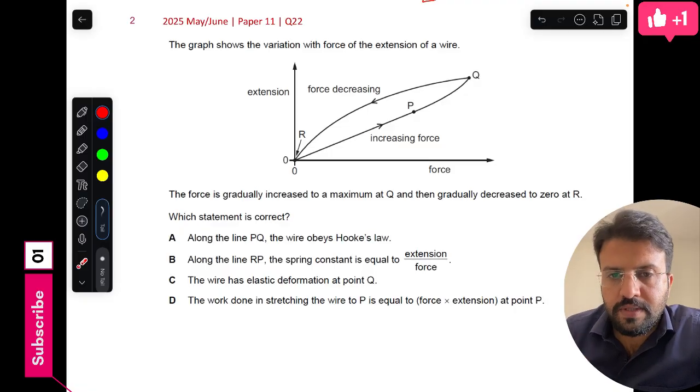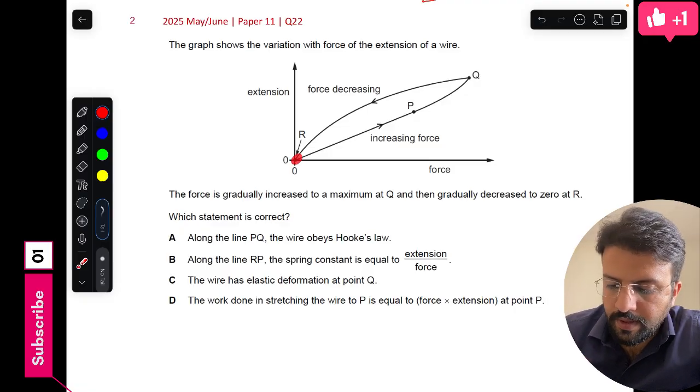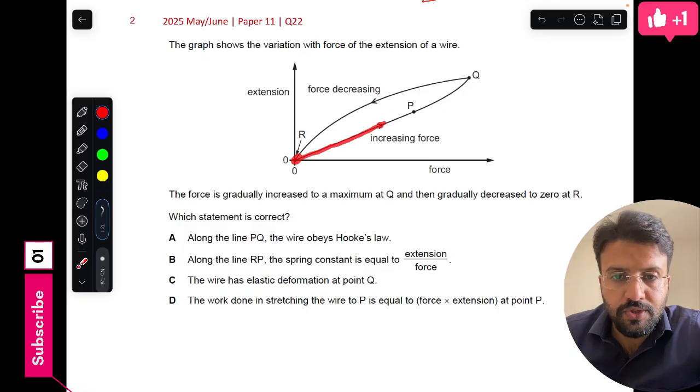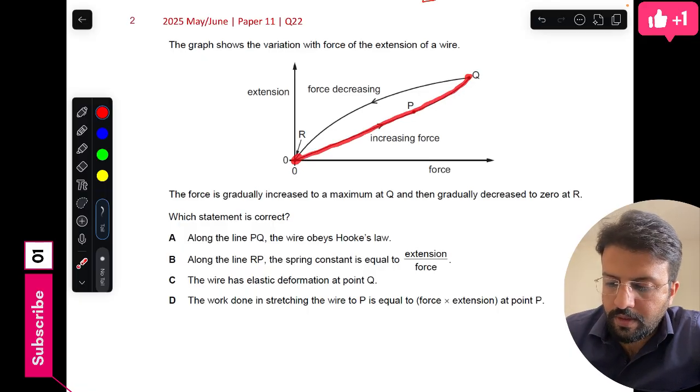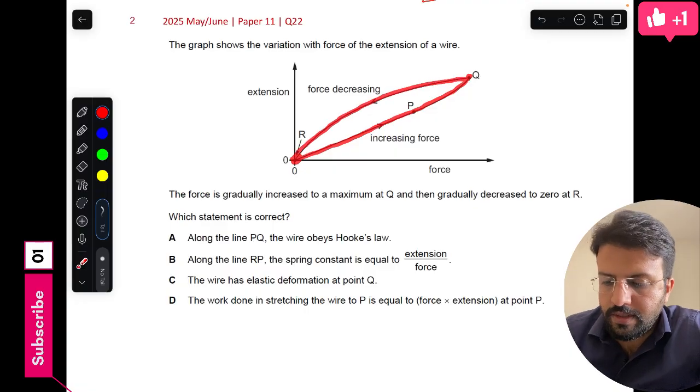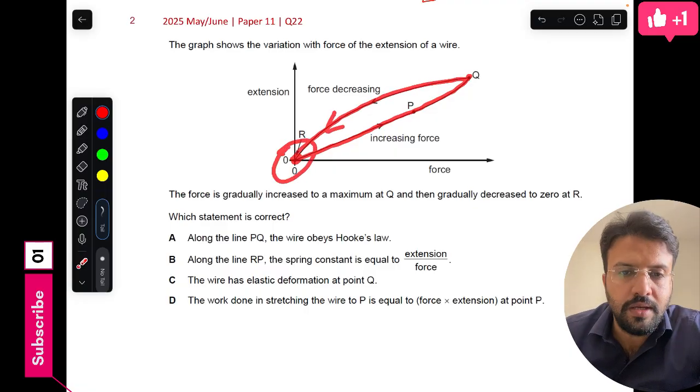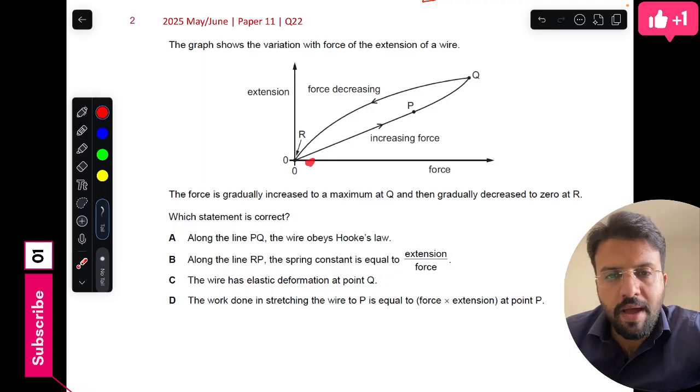First, try to understand what this graph is showing. It started from 0 extension and moves all the way to some extension at point Q, but when you remove the load, it goes back to the original position. From where it started, it reached back to the same point.